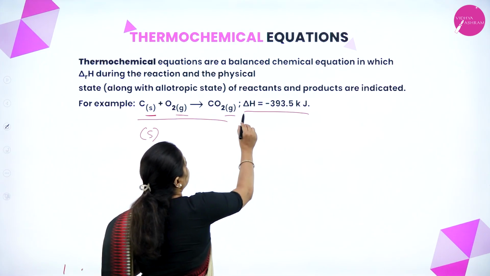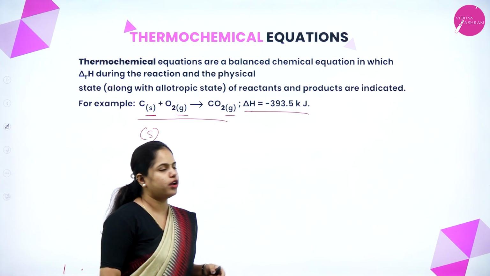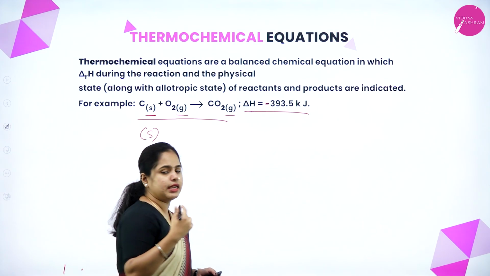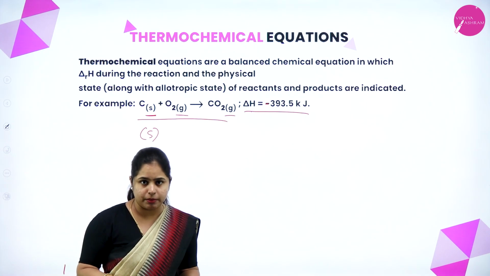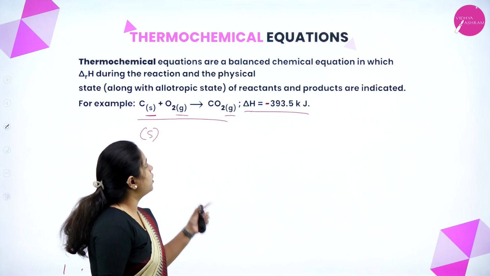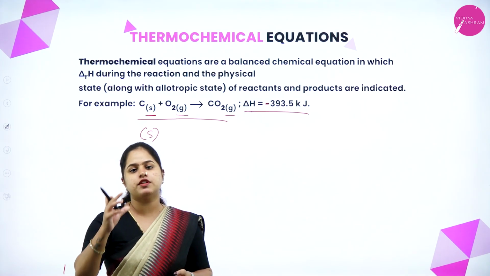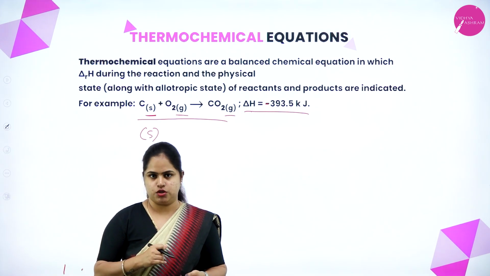And also the enthalpy change is given as minus 393.5 kilojoule. From this minus sign indicated here, you can also understand that it is an exothermic reaction. So, this is how you have to represent the thermochemical equation, by mentioning the physical state of the reactants and products as well as the enthalpy change associated.